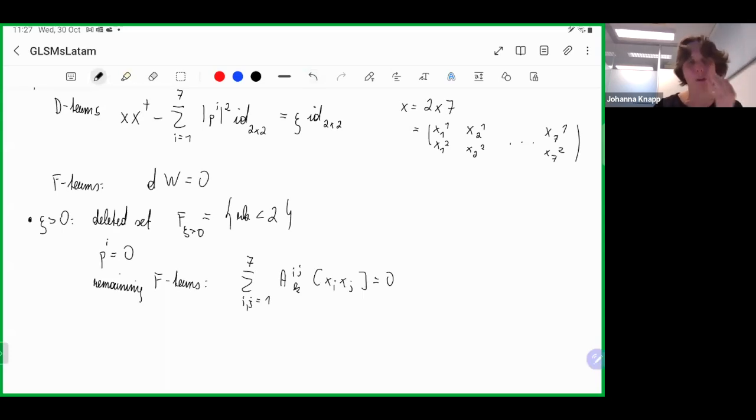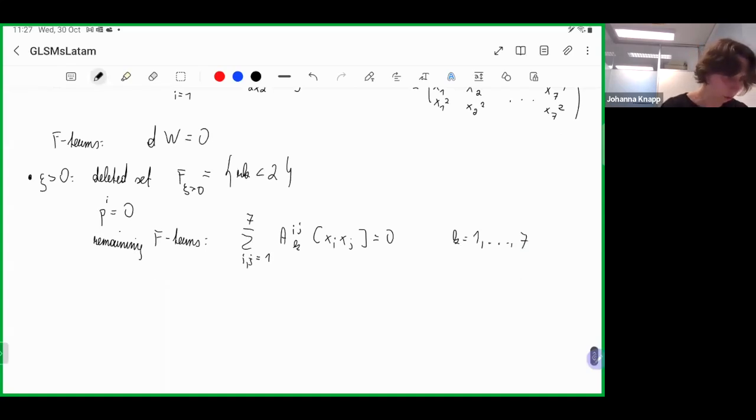This comes from the F term with the p derivatives, but there are no p fields left after taking the derivative. So these are 7 equations. k is a free index, goes from 1 to 7. This is pretty much all we need to determine the phase in the zeta larger than 0 phase.